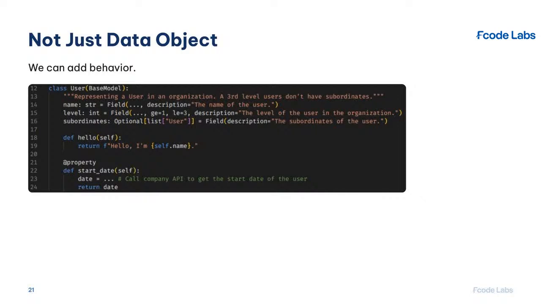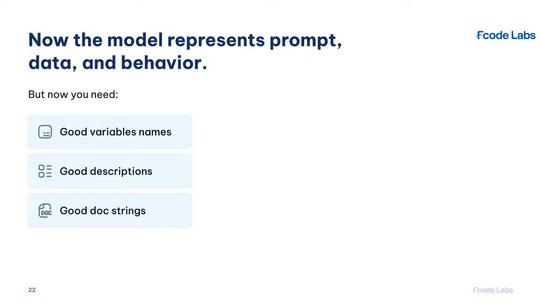So these Pydantic data classes are just Python classes. We can treat them how we treat any Python class. We can add functions, properties, anything we need. So here I have written a function and a property. Now the model represents the prompt using docstrings and descriptions, and the model can contain some data in the variables, and with the function the model will represent the behavior of the data model.